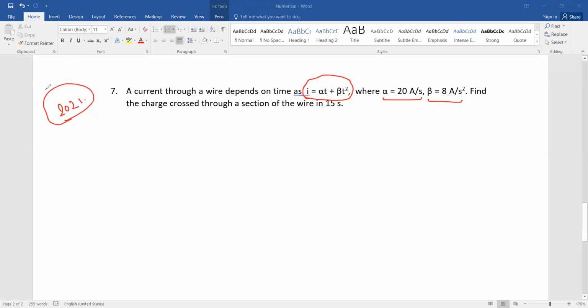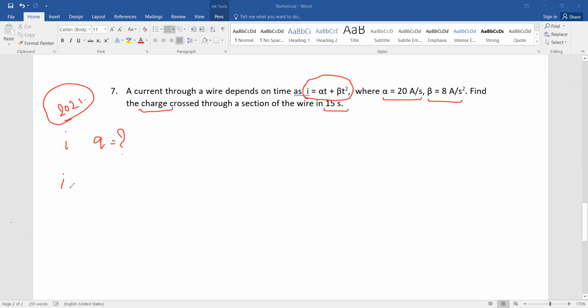Find the charge that passes through a section of this wire in 15 seconds. So basically, we are given the value of current I, and we have to calculate the charge. How is current related to charge?